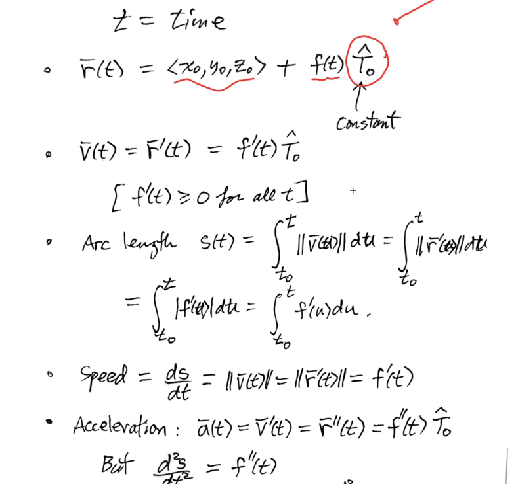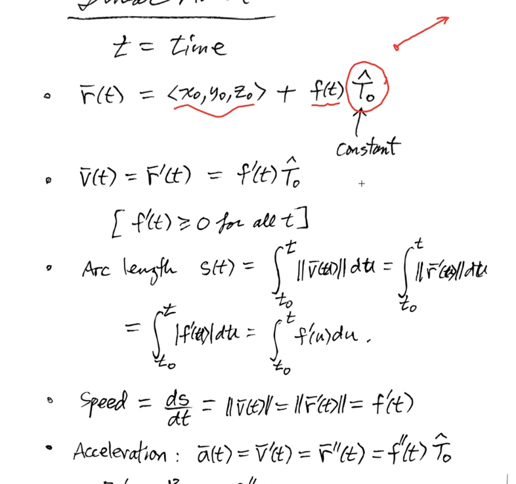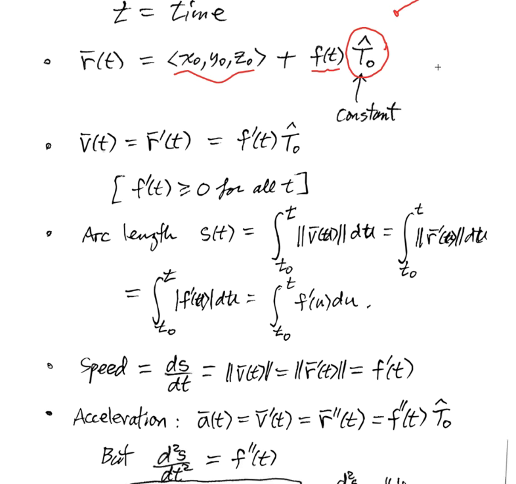It may not be true in many cases, but we're going to assume that f prime of t is always greater than or equal to 0, in other words, for all time t. That means it's not going to backtrack along that line. It may stop, but it's never going to backtrack along that line, the particle that is in motion.